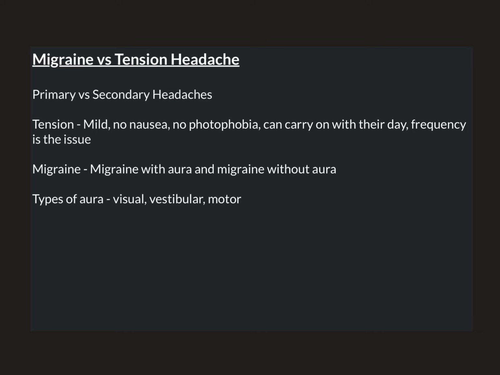EEGs, for example, are a test where loads of electrodes are attached onto the skull and which can detect weird electrical activity occurring in the brain. Those are used to diagnose forms of epilepsy, because when people are having seizures, major electrical abnormalities can be detected on EEG. EEG is not used at all in the diagnosis of migraine.